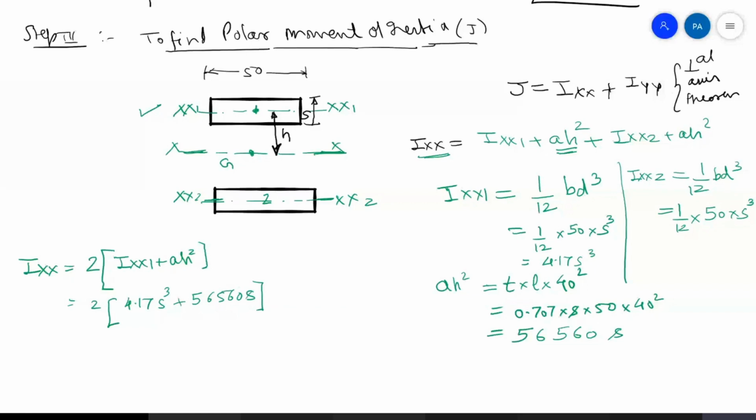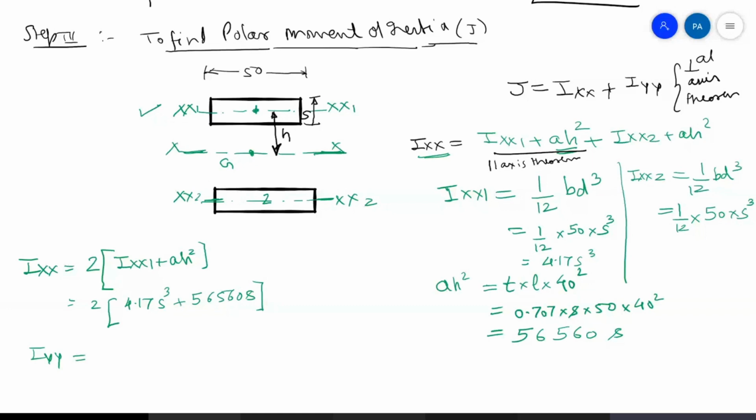This is Ixx. Now how do we find Iyy? Again similar to that. So I will write 2. Now, what is this? Which theorem is this? The parallel axis theorem. Yes, this is the parallel axis theorem. Do we need to use this parallel axis theorem for Iyy? No, sir.